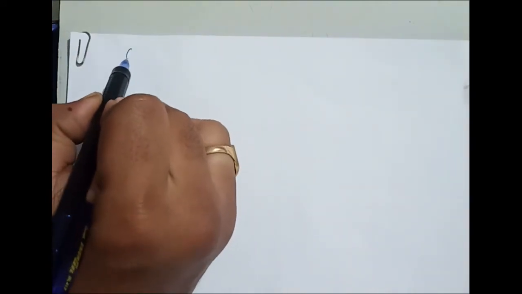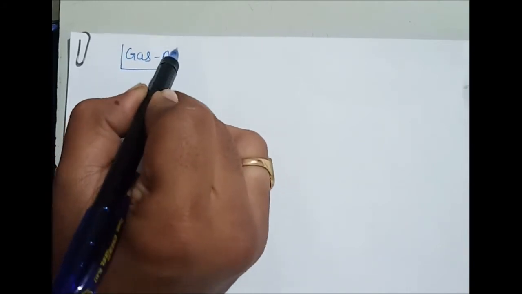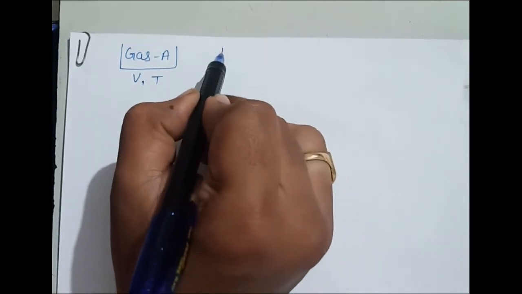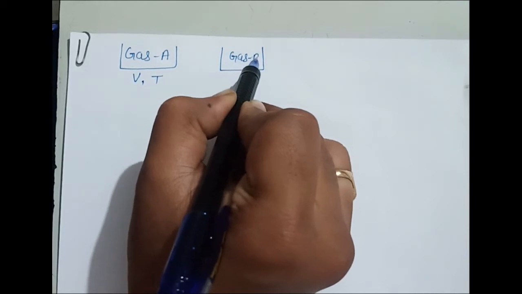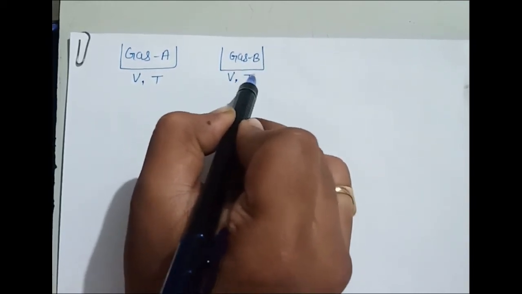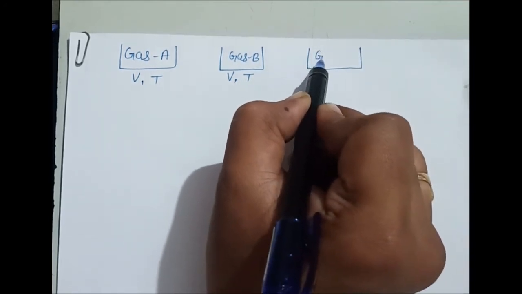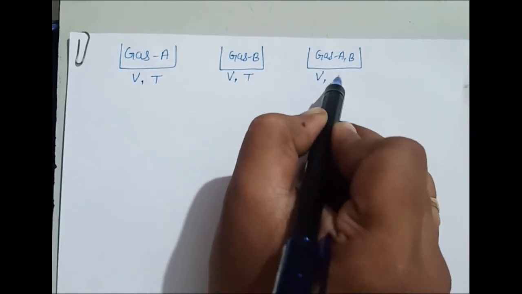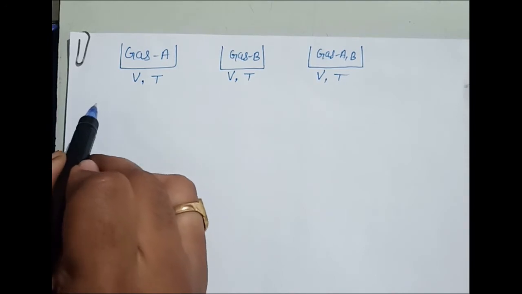Now for the derivation, see, we have a gas A in a container at volume V and temperature T, and we have gas B at volume V and temperature T. Now we have both gases A and B together at constant volume V and temperature T. Now as per the ideal gas equation, what is the formula?